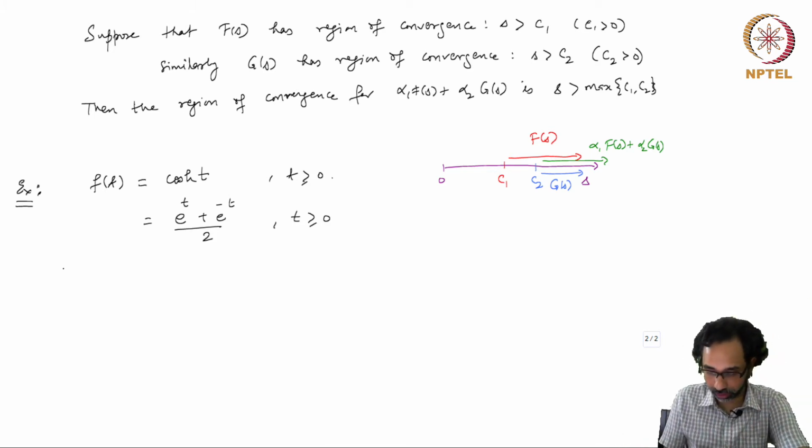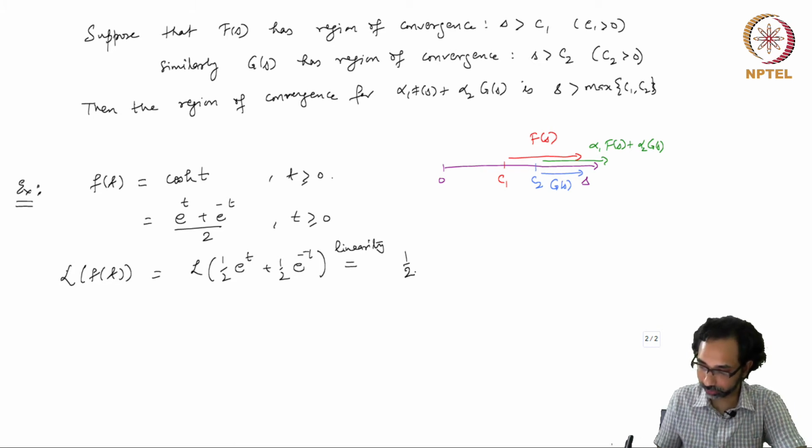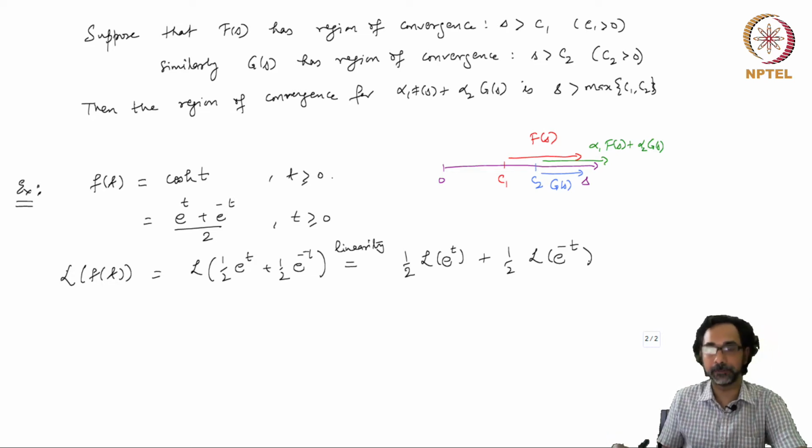So our Laplace transform of this function f(t) will be the Laplace transform of half e to the power t plus half e to the power minus t, but by the linearity property this is given by half Laplace transform of e to the power t plus half Laplace transform of e to the power minus t.